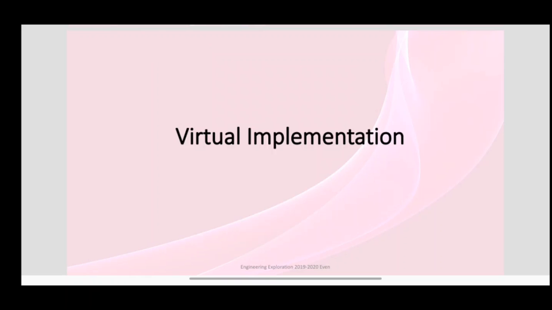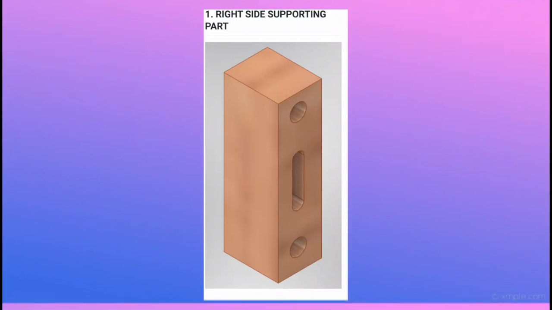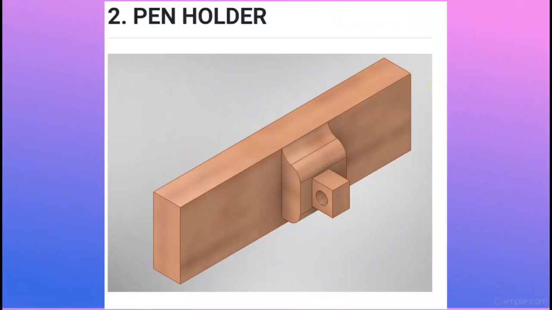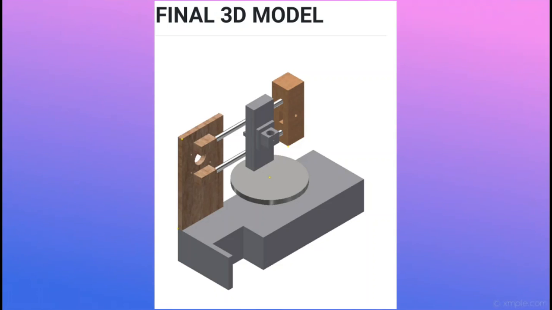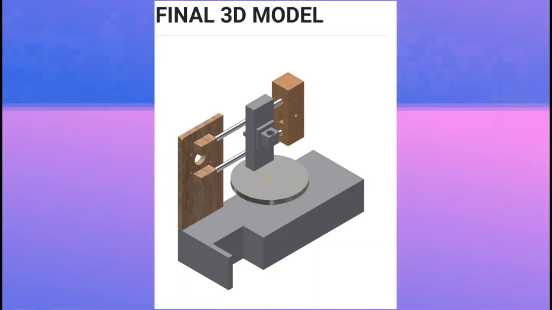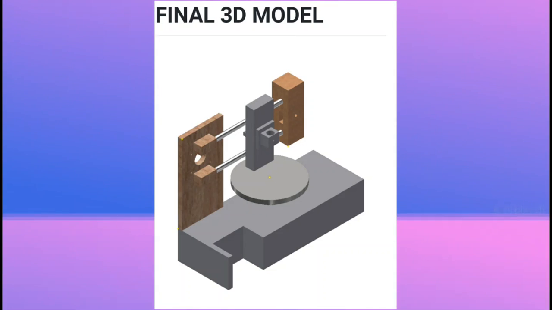And now I'll be explaining the virtual implementation of our concept. The drawing board consists of the right side supporting part, the pen holder, the left side supporting part, and the base. The right side and left side supporting parts hold the linear bars responsible for the movement of the pen holder with the help of the stepper motor and belt drive, which helps in the horizontal movement of the flow of the pen.